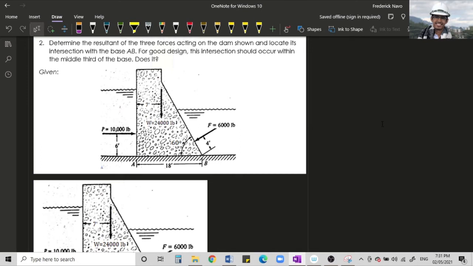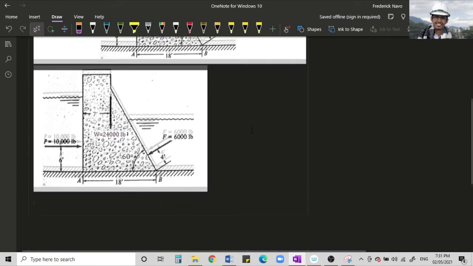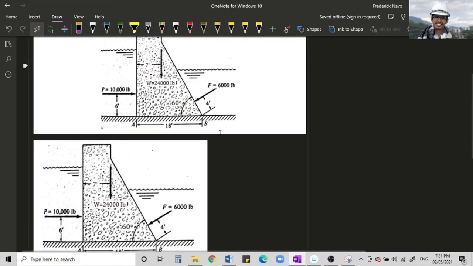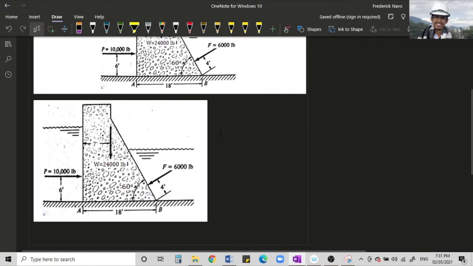So the three forces are acting on the dam. So sabi niya dito, determine the resultant of the three forces that intersects at AB. Okay? So actually yung resultant ng ating dam will be mag-intersect siya dito sa ating base AB.